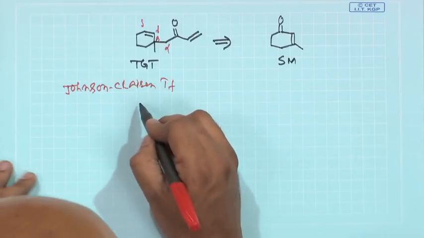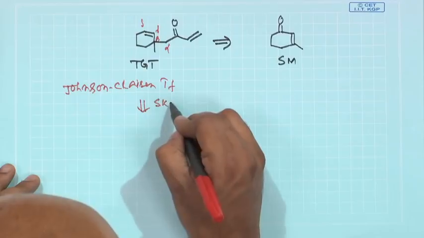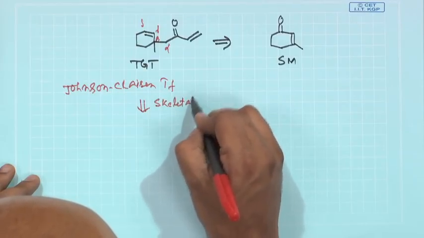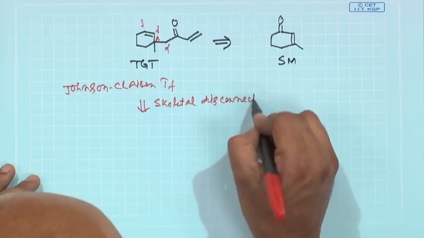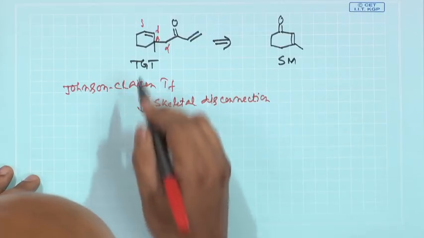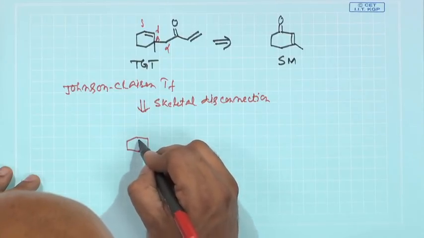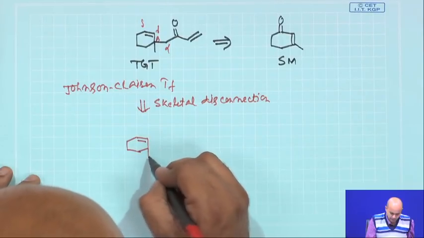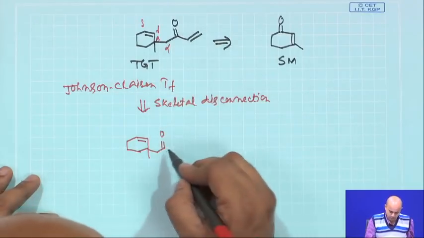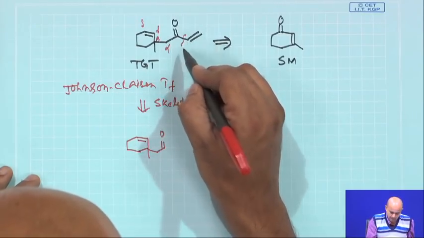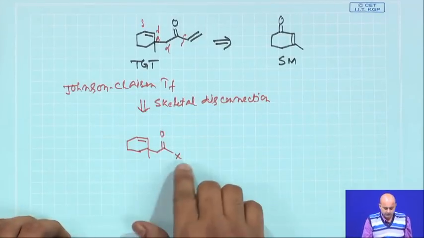So, now we do the skeletal disconnection based on the transformation we already know. See the transformation, we say that first we will try to introduce this vinyl group, because this vinyl group can be easily constructed.